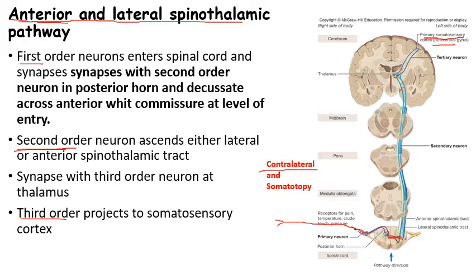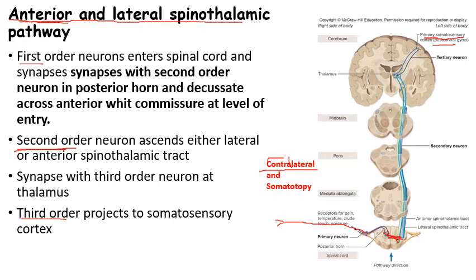Contra, opposite. So the right side of the body is actually controlled by the left side of the brain. If you had damage to this part of the somatosensory cortex, you would have loss of sensation on the right side rather than the left side. So that's contralateral, and you can see that takes place because the second order neuron is crossing over here at the spinal cord.